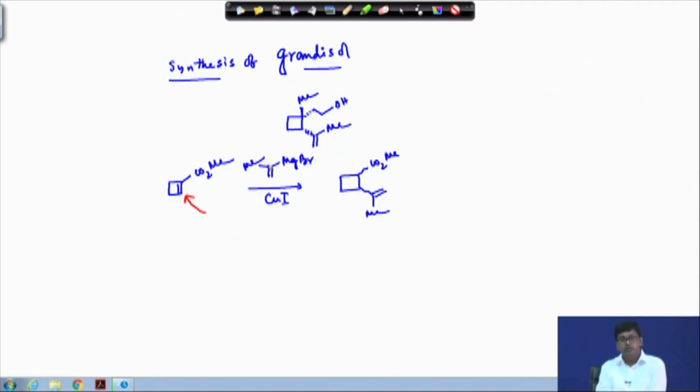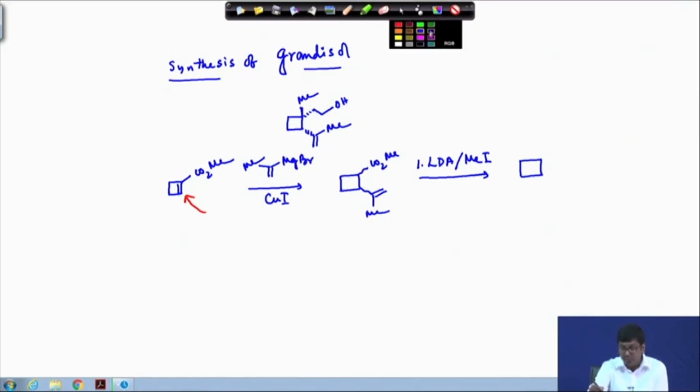Then, in the presence of lithium diisopropylamide, a very strong base, and the electrophile, methyl iodide, which we have used for the methylation, the overall product will be formed. See, this is the most acidic proton over here.